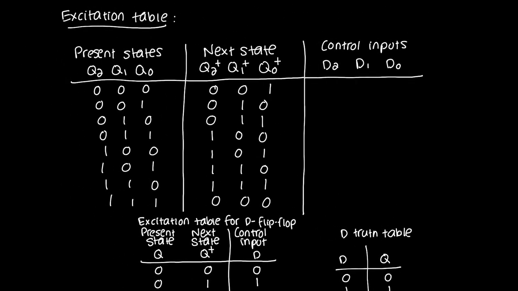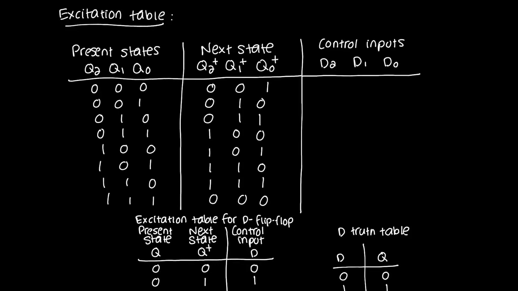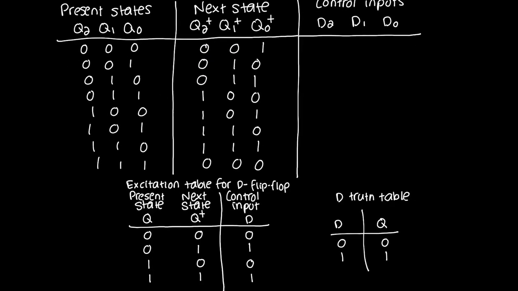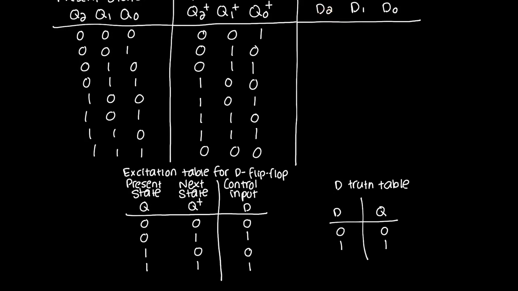So what I can see here is I'm going to look now flip-flop by flip-flop, okay? And I'm going to look at Q2 only. And I'm going to look at this row. And I'm going to say my present state Q2 is 0. I want my next state Q2 to be 0. What should D2 be to make that happen?